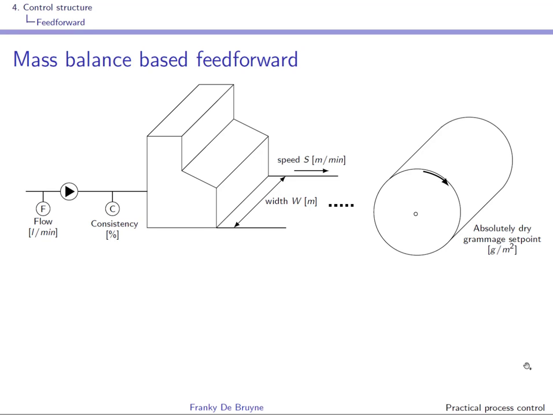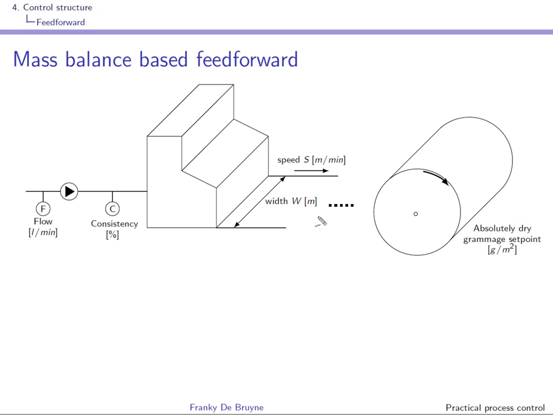The stock with a certain consistency is pumped to the headbox. This is the headbox, and we have access to the stock flow in liters per minute and to the consistency of the stock in percent. At the output of the headbox, a paper web of width W expressed in meters is produced with a speed expressed in meters per minute.